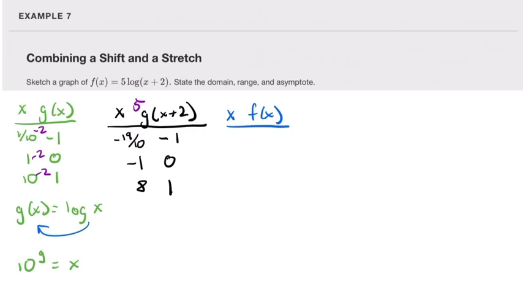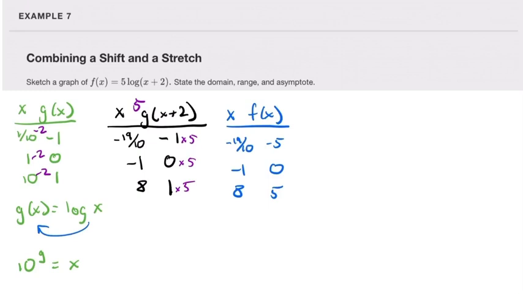The x value should stay the same, but the y values all change. We stretch vertically by a factor of 5, so times 5, times 5, and times 5. Ultimately we finish with -19 over 10, -1 and 8, and the y values are -5, 0, and then 5.